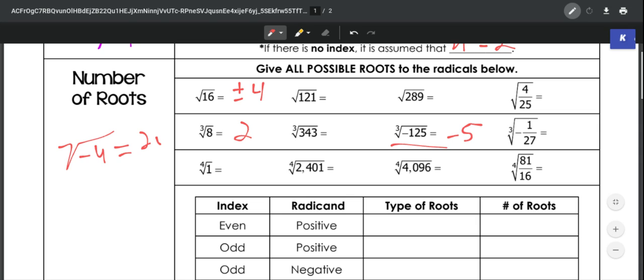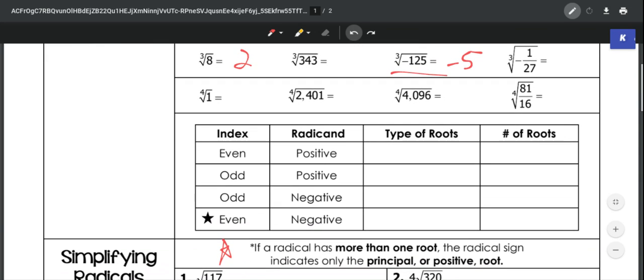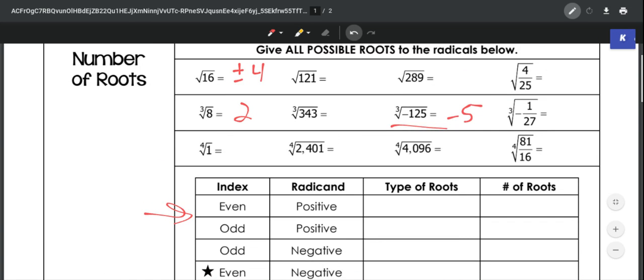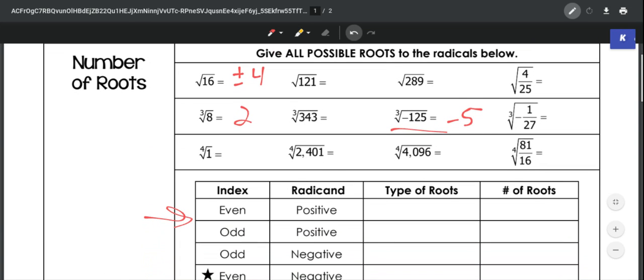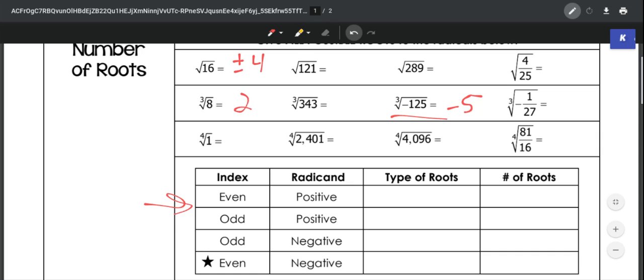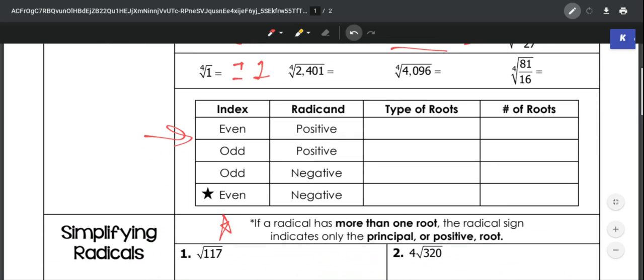That would be 2i. But with a cube root, we can have a negative under the radical. That just means our answer is going to be negative, which we're going to do some of that with this box here. And then a fourth root is very similar to a square root. It's going to give you a plus or minus answer. So like the fourth root of 1 would just be plus or minus 1.